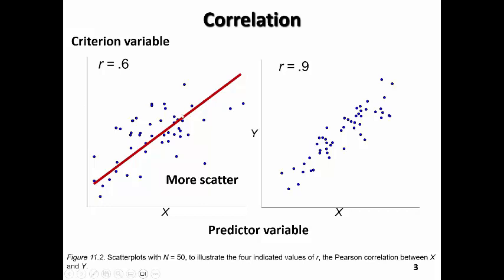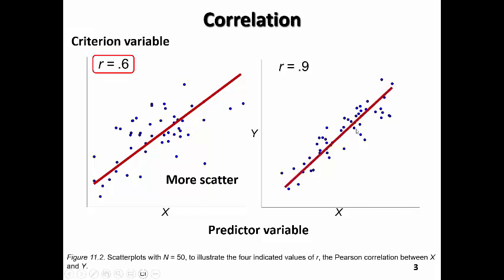But it's far from a perfect relationship. And so we'll calculate the statistic of a correlational analysis, which is the R value. And the R value for this relationship has been calculated to be 0.6. And that's used as an indication of how well the line describes these data.